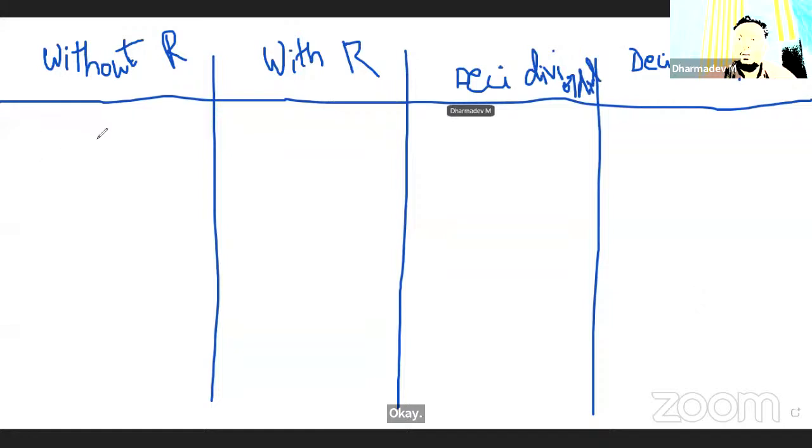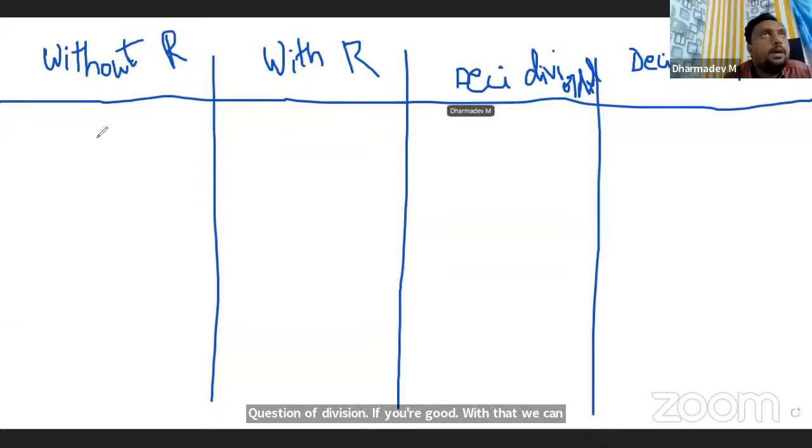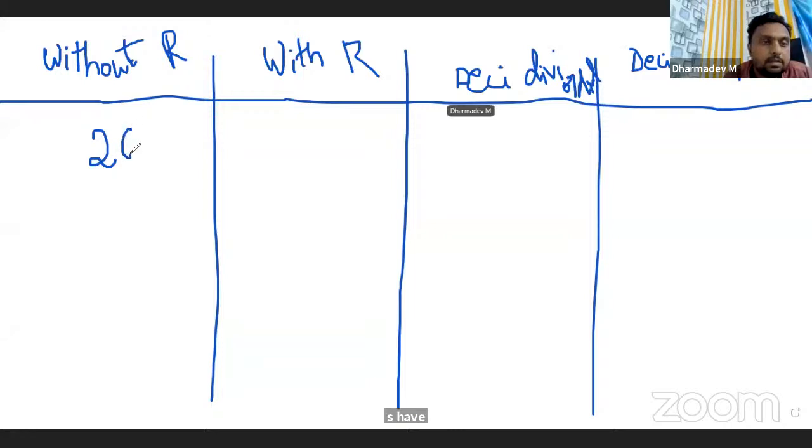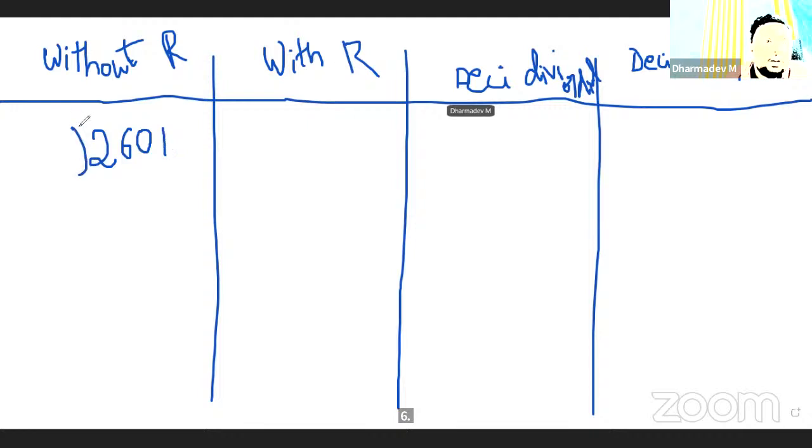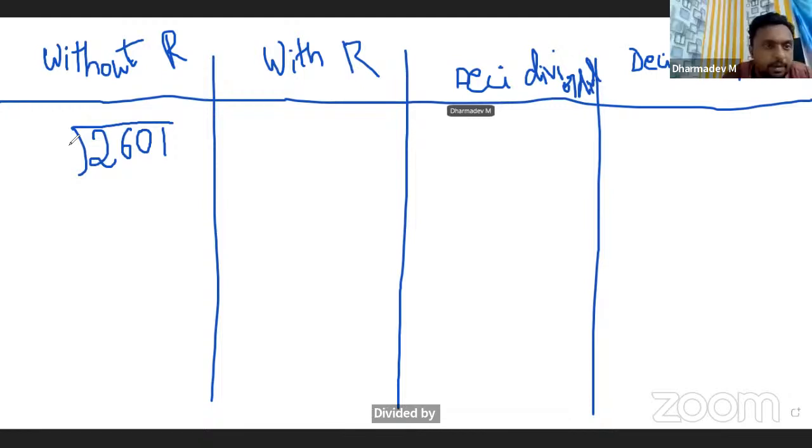Fine. So for the first question, I'm giving you a difficult division question. If you're good with that, we can keep going on. Or if you're lacking in division itself, I'll do one more question. Let's have 2601 divided by 9.